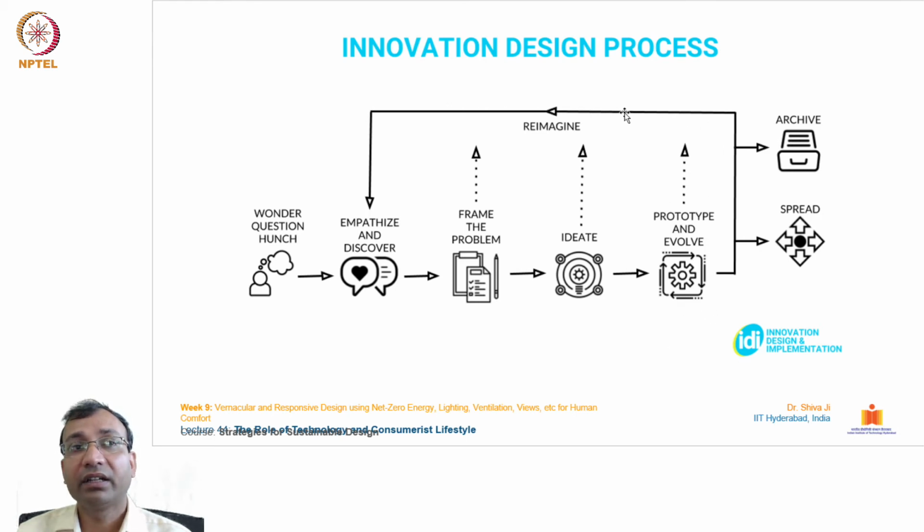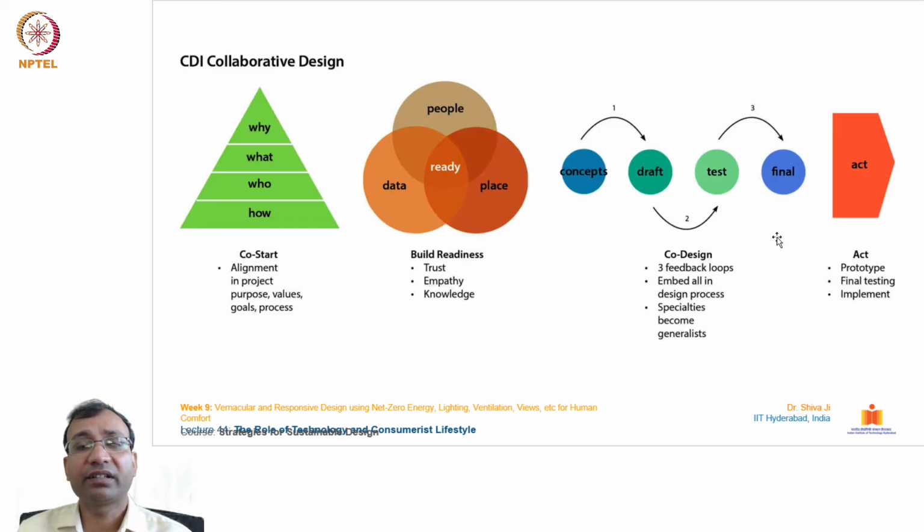If there is any lacuna or shortcoming, you can go back and revise your empathy studies, and then again come up with ideation, give the solution, and test it. If it succeeds, you go for the final spreading it out, or maybe archiving it, keeping it for future use. So this is the typical innovation design process.